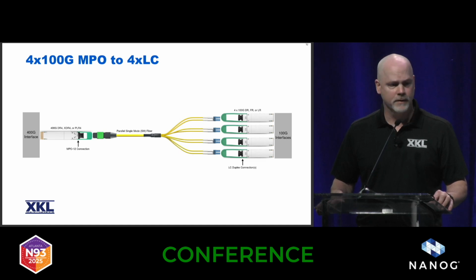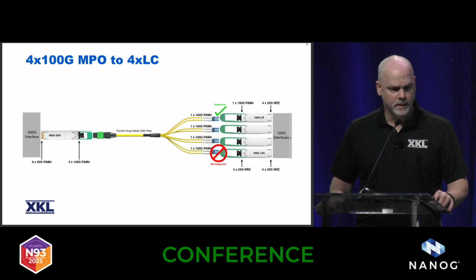So you may not have that 400 gig router port in your near future. 100 gig is going to live for quite a while, but when you go to transport that, 400 gig is the most cost-effective way to move that across the fiber in any kind of distance. So this is going to be the most common solution you're going to see when you're trying to move data, either more of it on one fiber or just further distances.